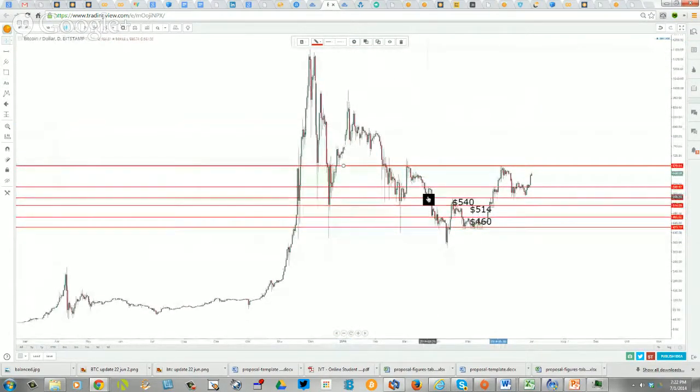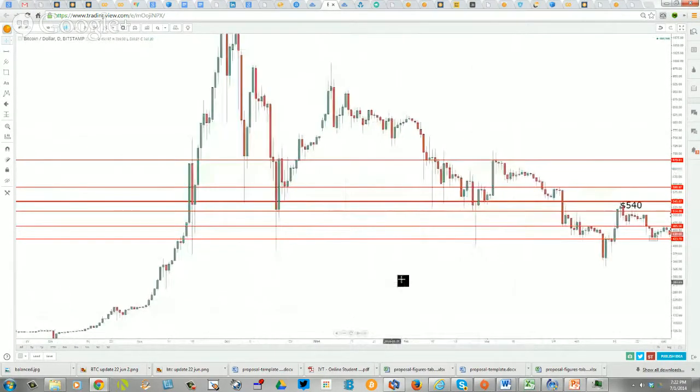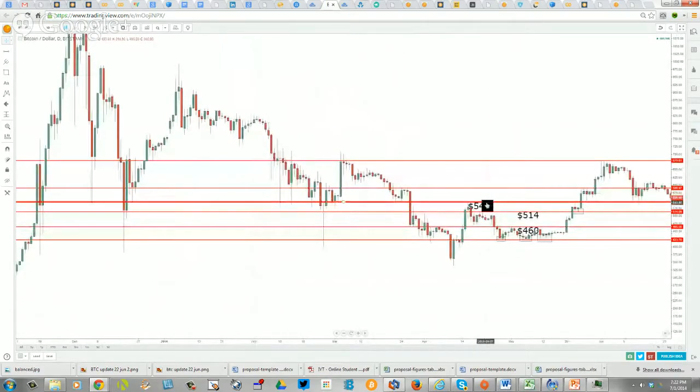It's incredible. So I'm going to make this as fat and massive as I can. 540, there she is, right? Here's 540. That's the big fat red line.